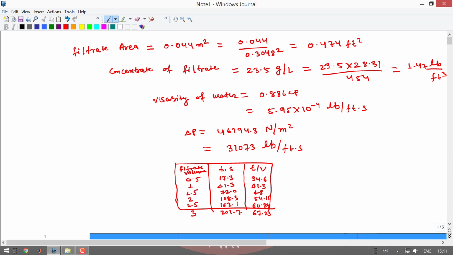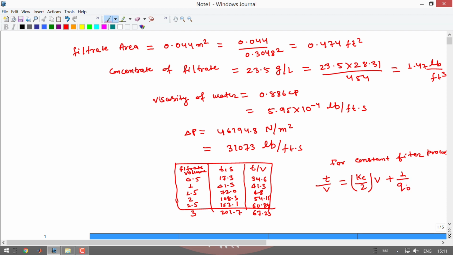So in the question they have mentioned it is a constant pressure drop problem. So for that there is an equation for the constant pressure filtration process: T by V equal to Kc by 2 into V plus 1 by Q naught.